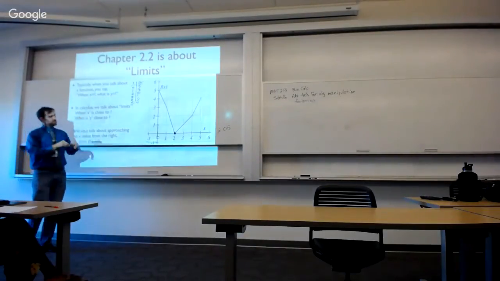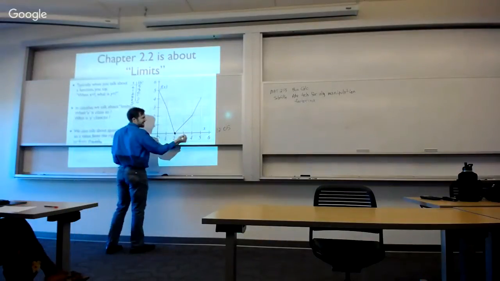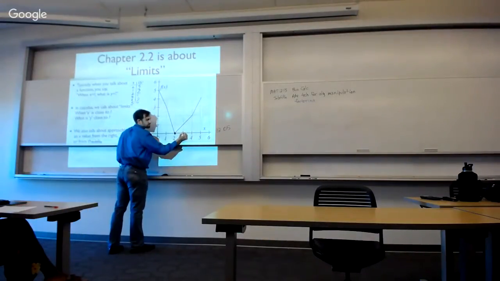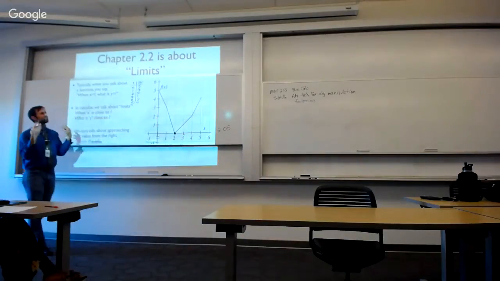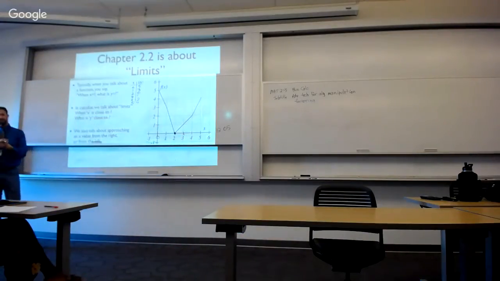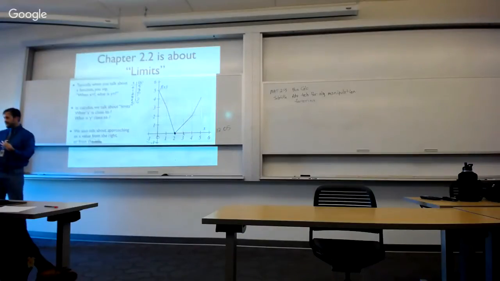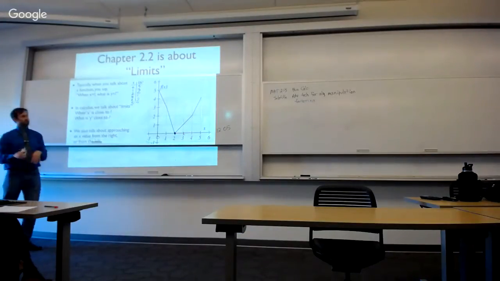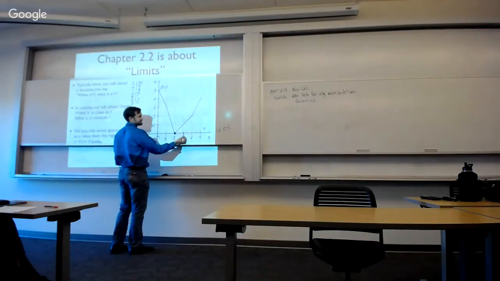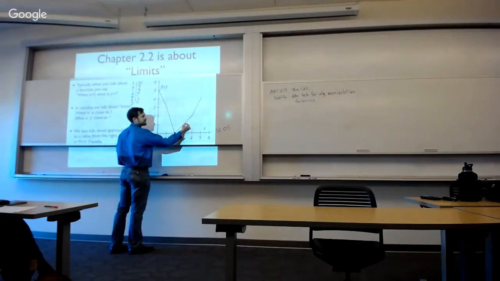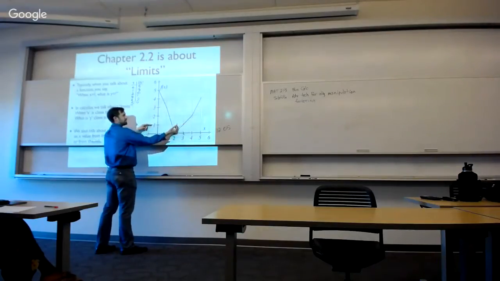Let's say x is really close to 3, like 3.1. Ideally, I don't want to say how close to 3, just really close. If I say that x is really close to 3, and I look at the point where that would be, then what is y really close to?